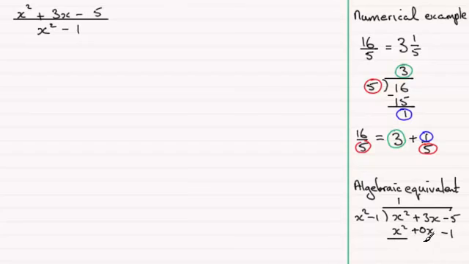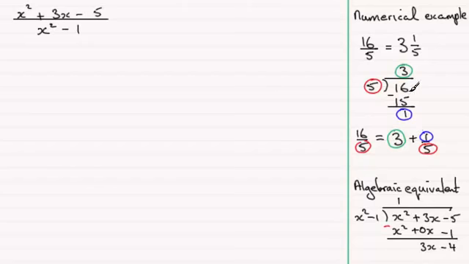And then I work out the remainder by subtracting these two from one another. And x squared minus x squared is 0. 3x minus 0x, well, that's just going to be 3x. And then we've got minus 5 minus minus 1, well, that's going to be minus 4.